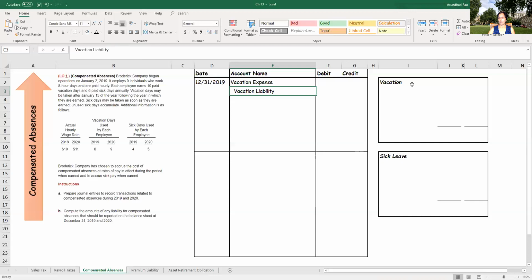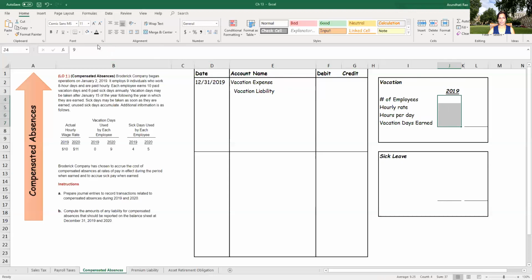So now let's take a look at how we are doing the calculation. We know our employees are entitled to this vacation. So let's start in 2019. In the first year, it's the number of employees multiplied by the hourly rate, multiplied by the number of hours they work each day, and the number of days that they have earned.